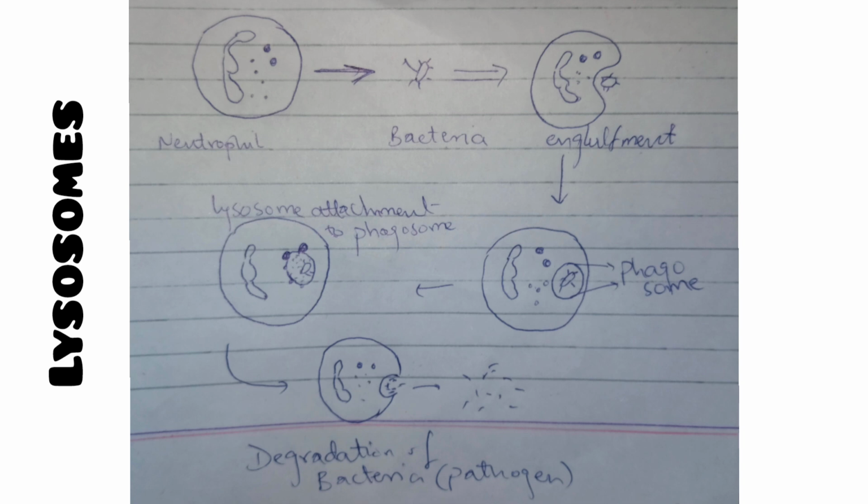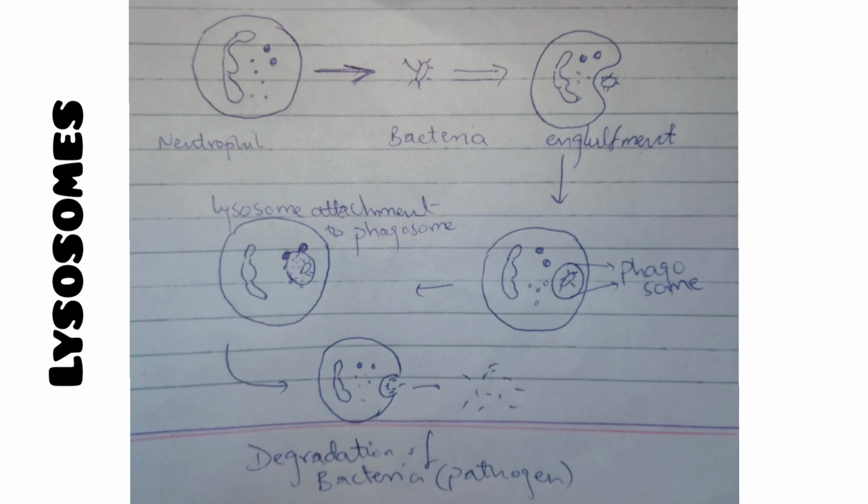So the killing of organisms within the phagosome is a two-step process that consists of degranulation followed by the production of hypochlorite ion. In the previous video we talked about the engulfment of microbe. The microbe was engulfed by the neutrophils and macrophages in the form of a vacuole.